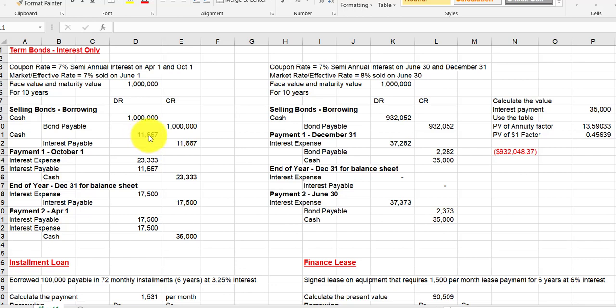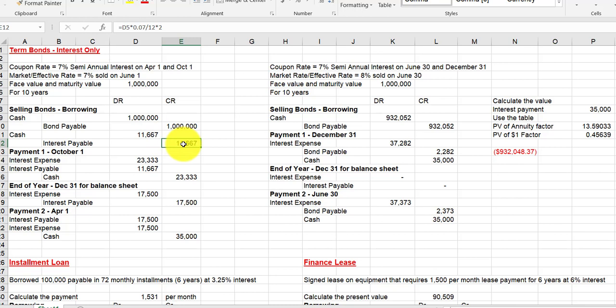So 2 months of interest at 7% for 2 months is $11,667. Okay, here's your formula there. 7% divided by 12 multiplied by 2. That's going to be recorded as cash, additional cash received from we're going to borrow, and instead of being part of the bond payable, it's going to be interest payable.